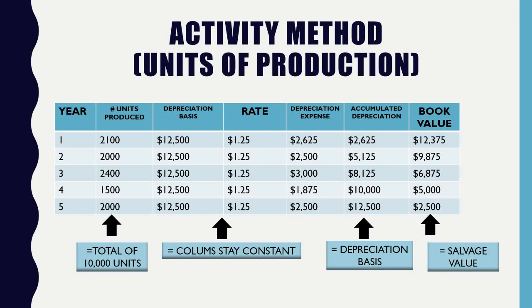And then, of course, at the end of the 5th year, what you're going to notice is that you should end your accumulated depreciation to be equal to your depreciation basis, okay? Because that's how much you can depreciate up to. And last but not least, your book value at the end of the 5th year should equal your salvage value, okay?